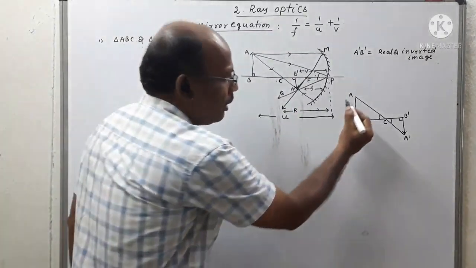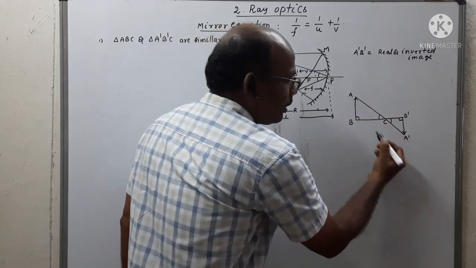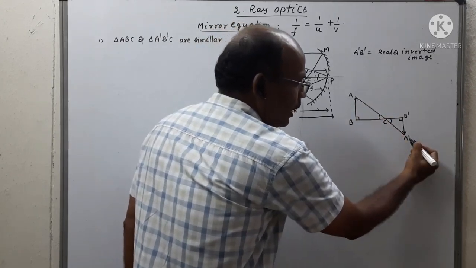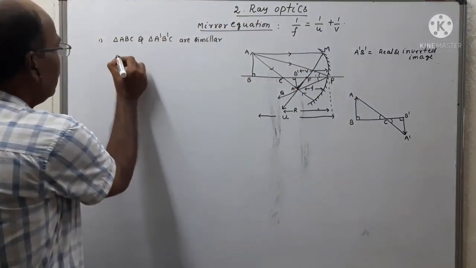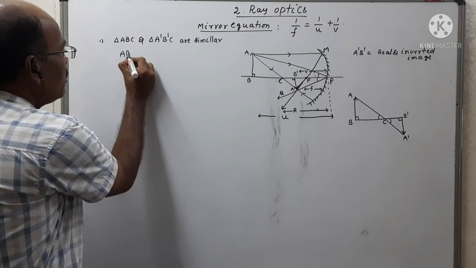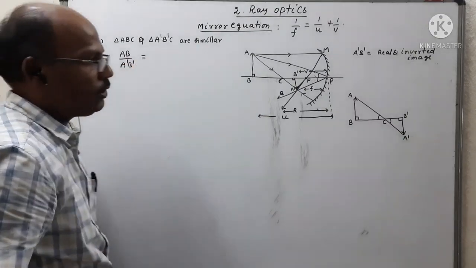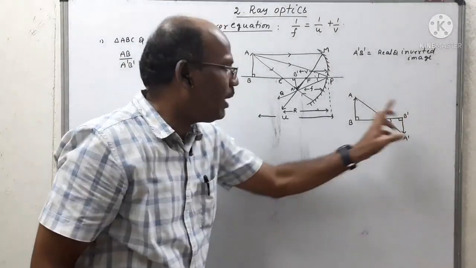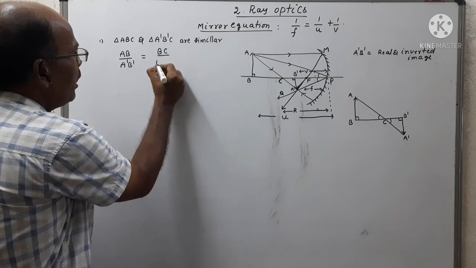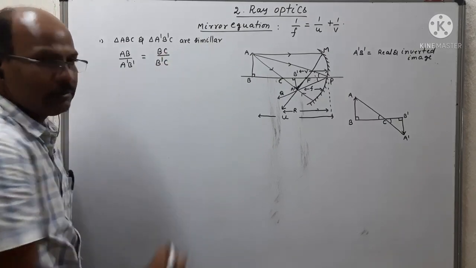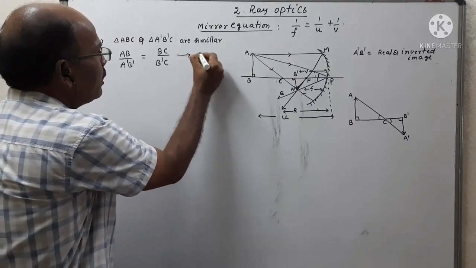So we can take AB of the triangle ABC by A dash, B dash of the triangle A dash, B dash, C. So we can write AB by A dash, B dash is equal to BC by B dash, C. So this is the first equation.